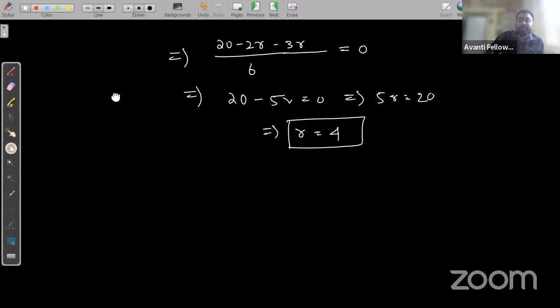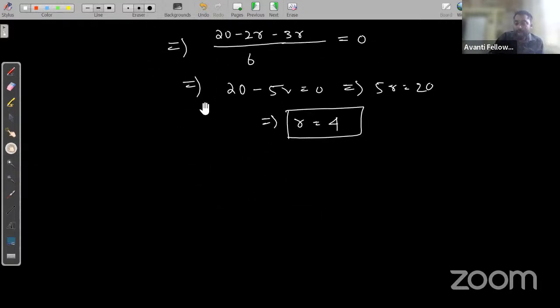We got the value of r is 4. So the term which is independent of x is t r plus 1, that is t4 plus 1, that is t5.